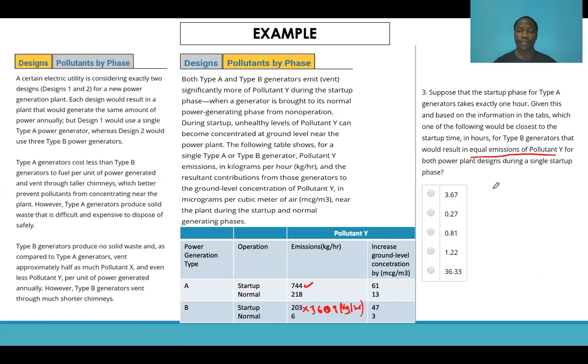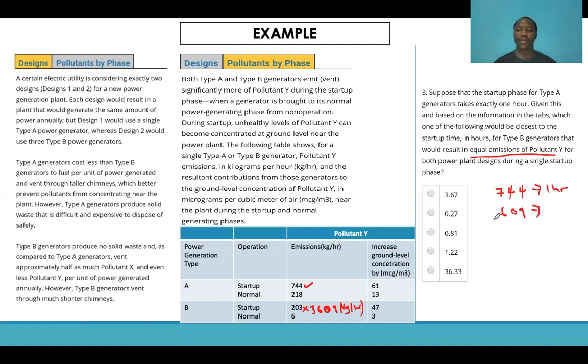So type A generators produce 744 kilograms per hour, right? Then type B power generators produce 609 kilograms per hour.